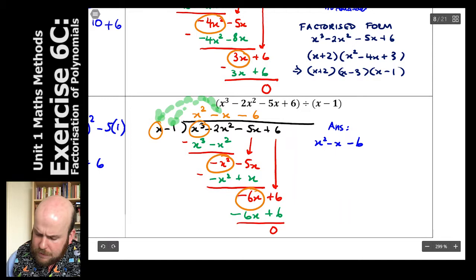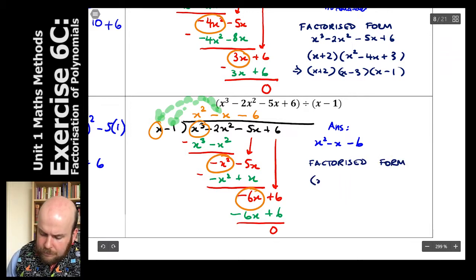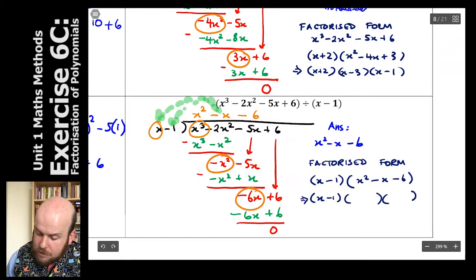So let's have a look at this. So this one here, we had this lovely answer. So if I want to factorize this, the factorized form is x minus 1, x squared minus x minus 6. Can we do anything with this? Well, we can. Can we get this into two smaller brackets?